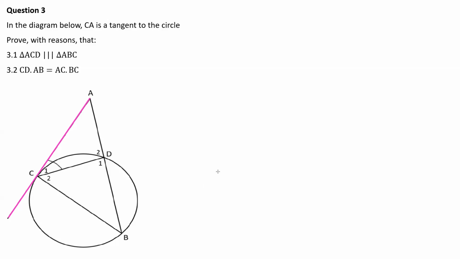So write them down. ACD. So I will label A, then C, then D, then ABC, A, B, then C. So let's go back to the diagram and pick who's the A, who's the B, who's the C. Let's go for A, C, D first.